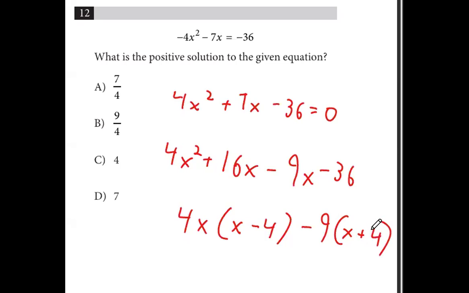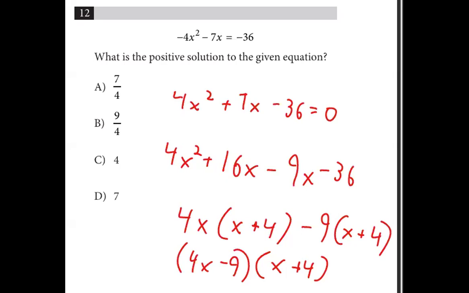Wait, this should be plus. It should be x plus 4, and this should also be x plus 4. Since both of these are the same, that gets us 4x minus 9 and x plus 4.